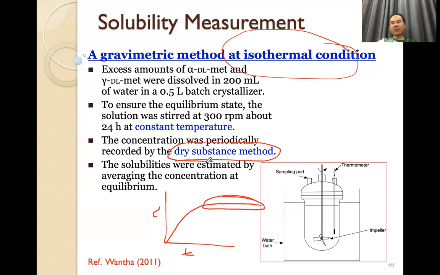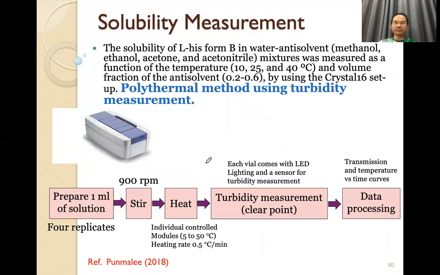That means you have some vial with some solution, and then you evaporate the water or the solvent out, and only the solid remains. You can measure the amount of solid that remains. Then you can calculate in terms of mass per volume of solution, or mass per mass of solution.